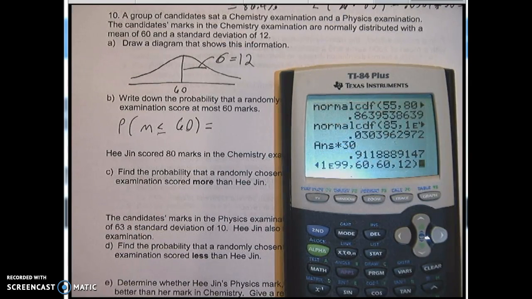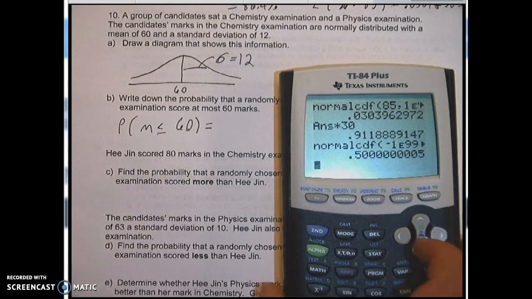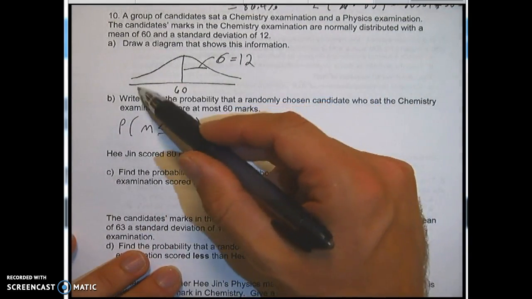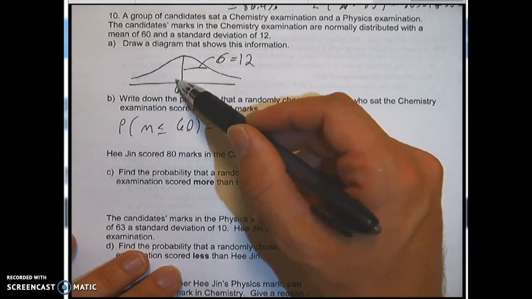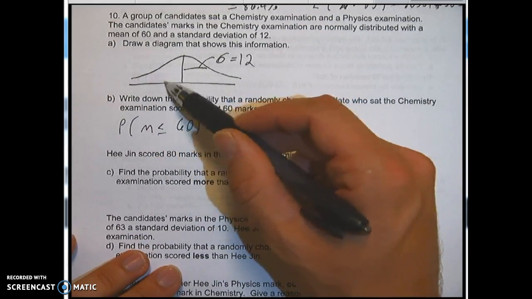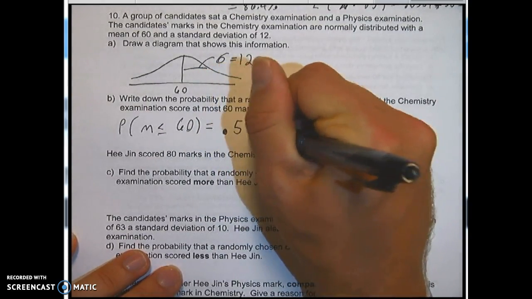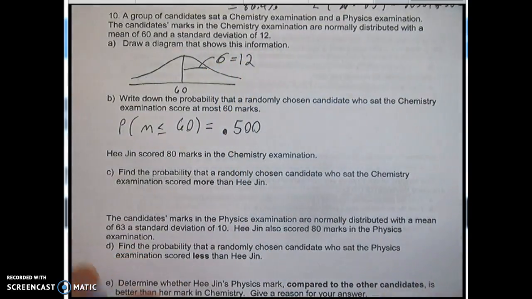Paste that thing. It's about 0.5. Now that makes sense because 60 is the mean, so if I was to shade this curve, I'd be shading everything to the left of 60, and that's half the curve, so that makes sense. It's about 50%.